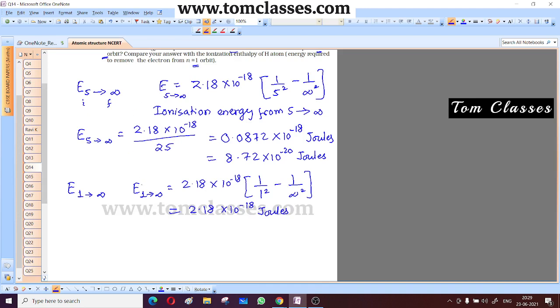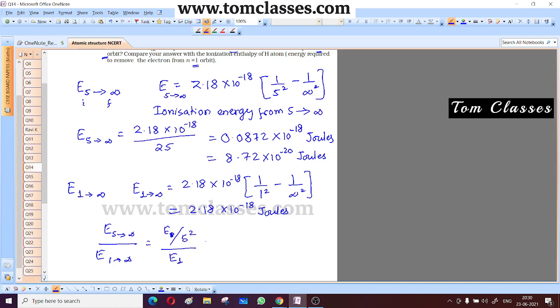Okay, so now if we have to compare, basically E 5 to infinity upon E 1 to infinity. You see that this is nothing but E naught, or you can say energy in the first orbit, right? So I will say E1 upon n square, so 5 square, and this is nothing but E1.